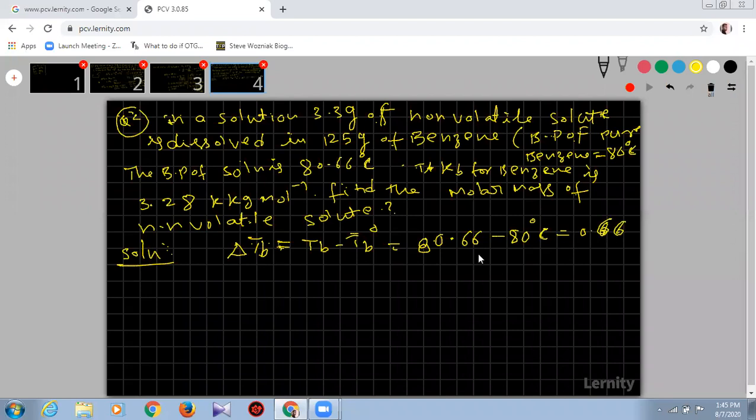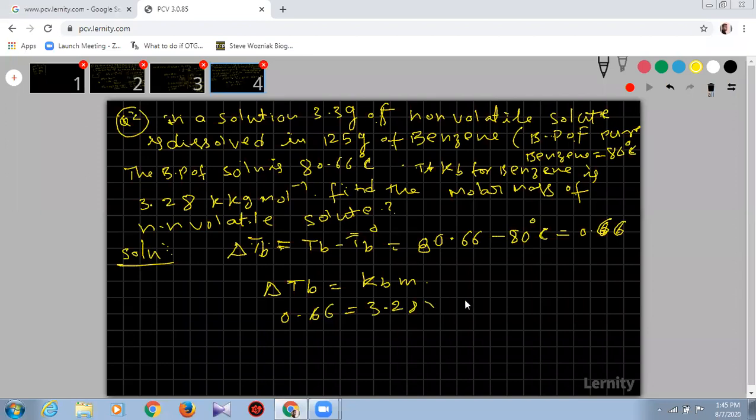0.66. Now delta TB is equal to Kb into m, and that is equal to 0.66 is equal to Kb. What was given? 3.28. 3.28 into what here?